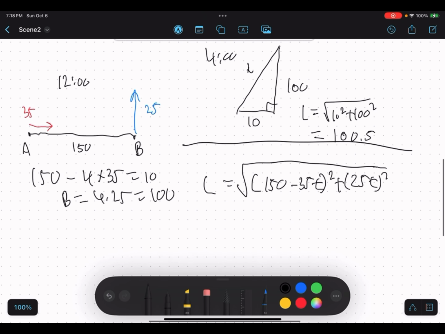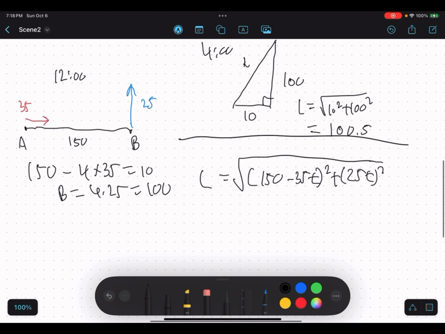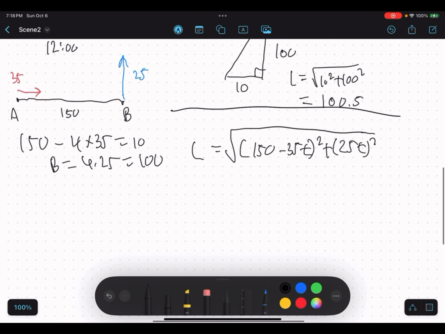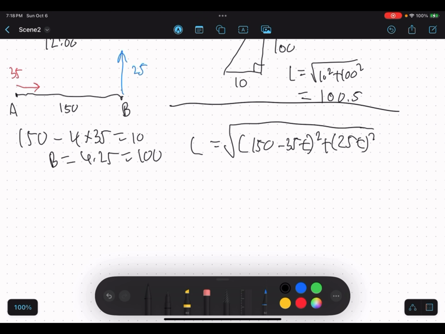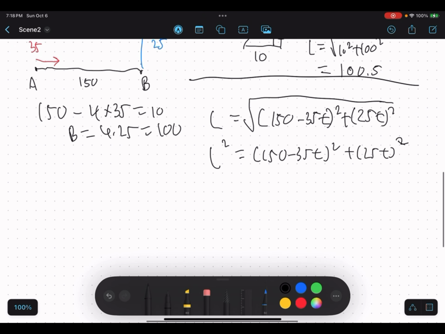This is what's happening as the ships are moving and L is changing, not when it's stationary. We can just square both sides to make our lives simpler. What we're trying to find is dL over dt, the change in L with respect to time. So we'll take the derivative of both sides.